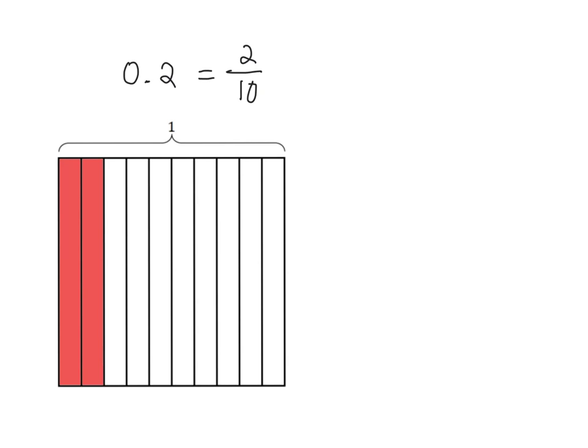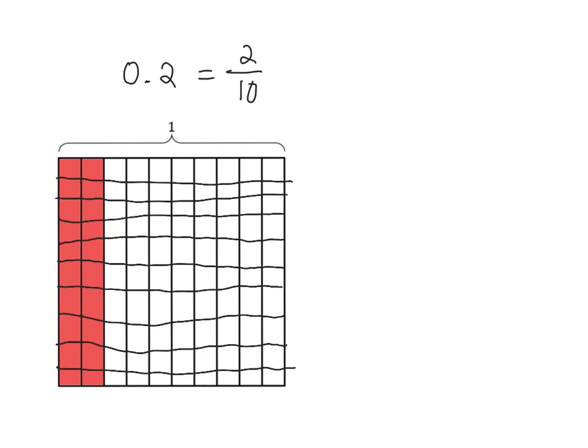Another way to look at this, if we wanted to find the equivalent fraction, is that we could split this in half and cut this up into different rows. Now that we split this up into two sections, we have 10 rows in there.